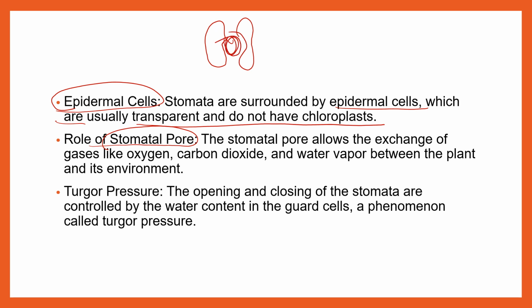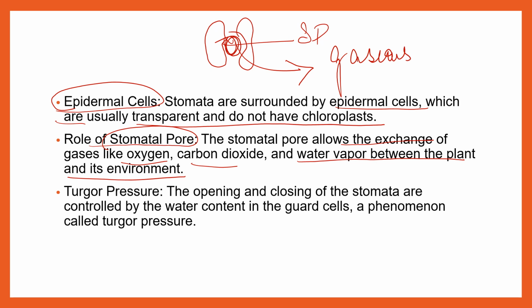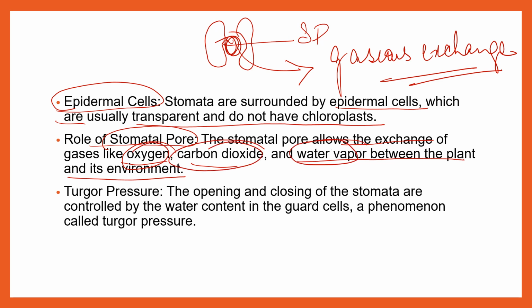The stomatal pore allows the exchange of gases, carbon dioxide and water vapor, between the plant and the environment. So this pore is always helping the plant for the gaseous exchange, the exchange of oxygen, carbon dioxide, and water vapor between the plant and its environment.